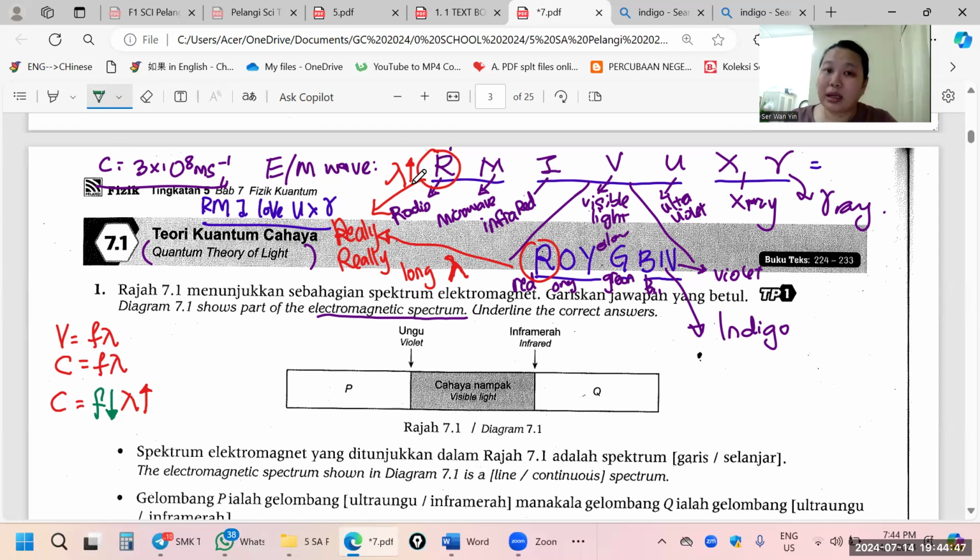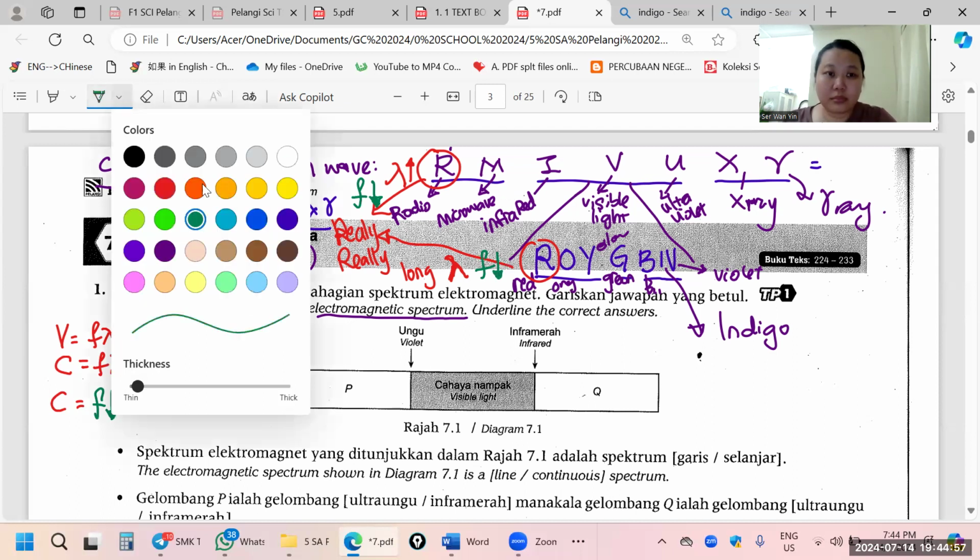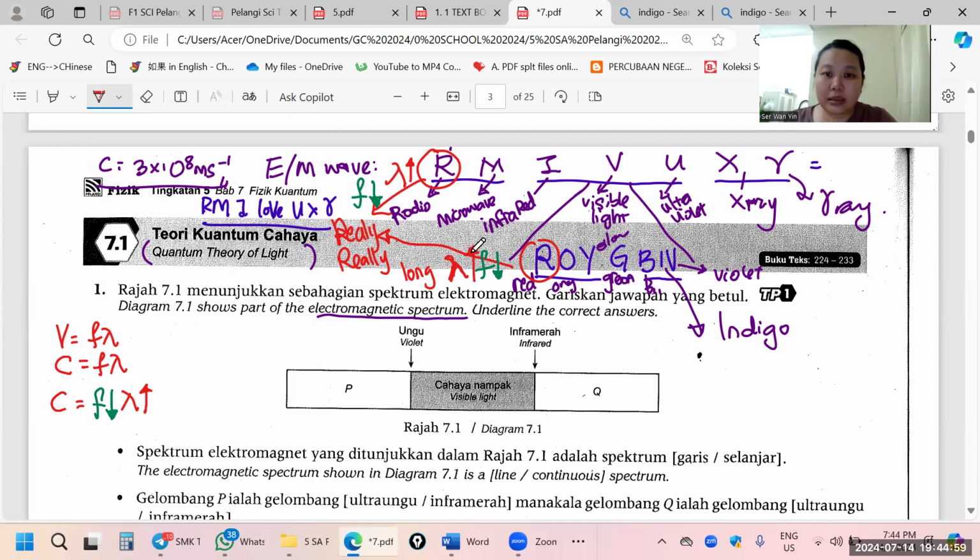So lambda longest, at the left-hand side, frequency is the lowest. Okay. No matter what kind of wave, it's a must to memorize. If not, when they change the wave, you don't know how to differentiate them.